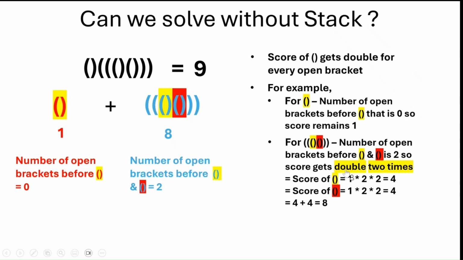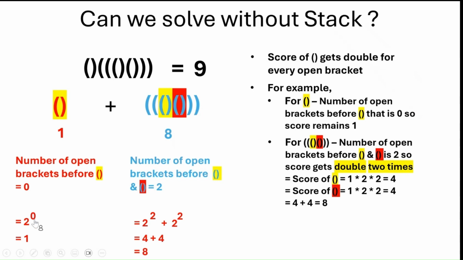So the score gets doubled 2 times. So the score of this gets doubled: 1 into 2 into 2. 2 times we are multiplying by 2 because the number of open brackets before them is 2. So it's 4. And the score of this red one becomes 1 into 2 into 2, 4. And because it is a plus b, that's why 4 plus 4 is 8. So the overall score is 8 for this overall string. So that is what we observe: the score of an empty parenthesis gets doubled for every open bracket.